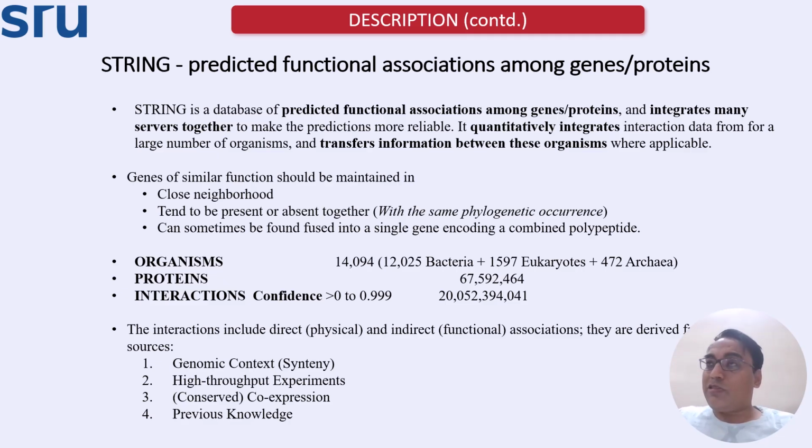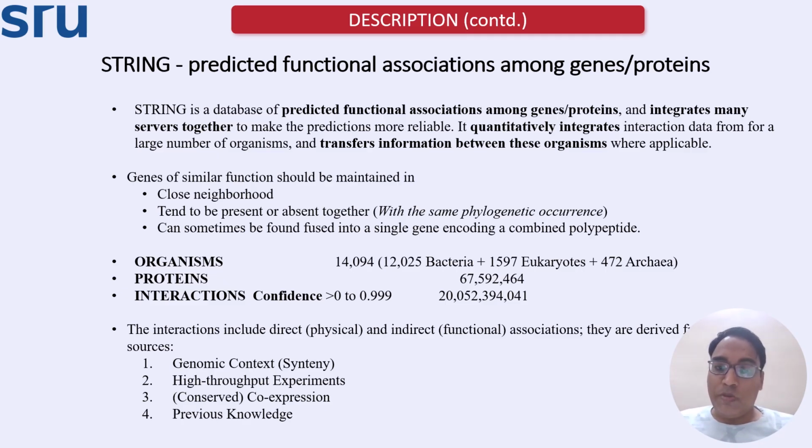But if the similarity score is only 20%, 30%, the similarity score goes down, so the confidence also goes down. But it may be there. The database is not saying it is not there. It may be there. It is not escaping from the chance.